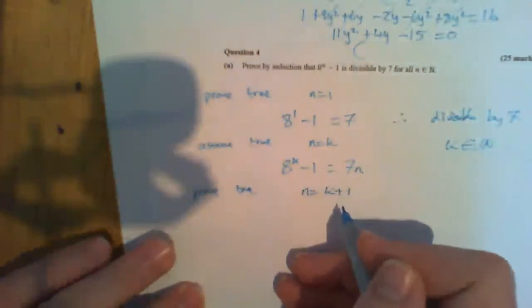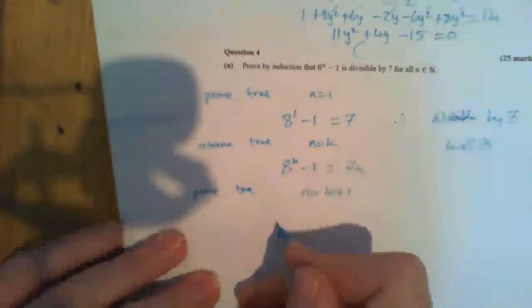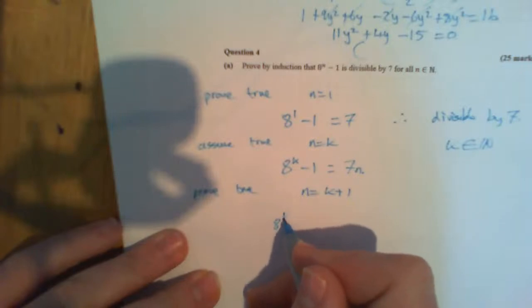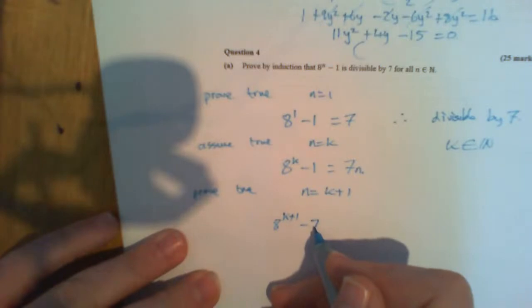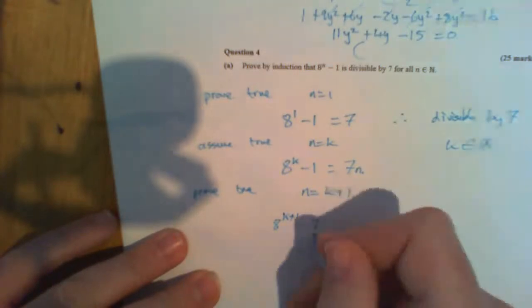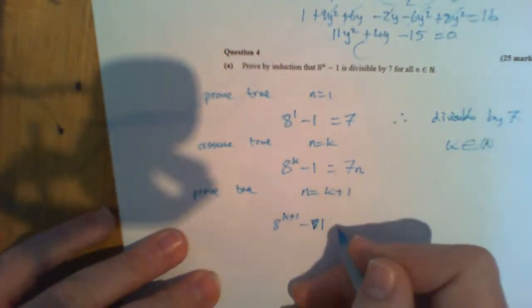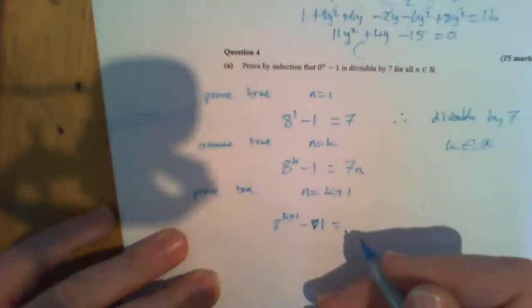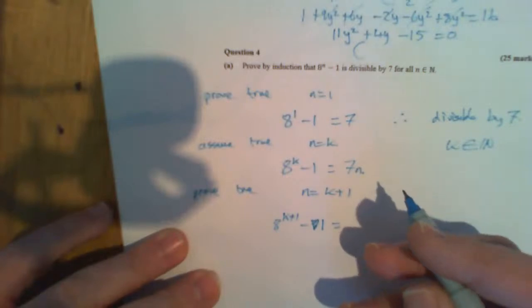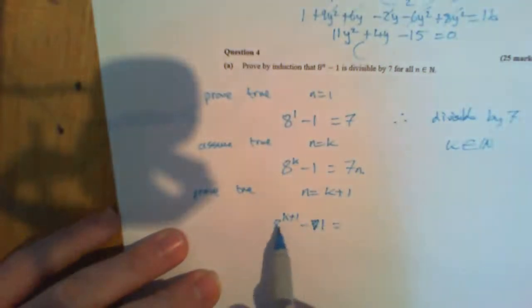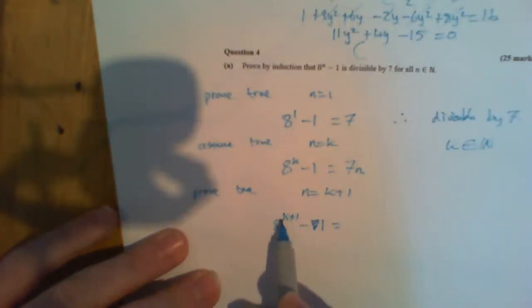Now, prove it's true for n equal to k plus 1. So what we want to do is prove that this is going to be true. We've done this before, we can split this up.